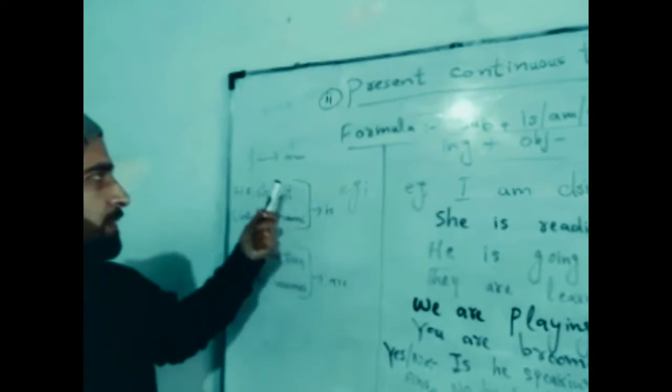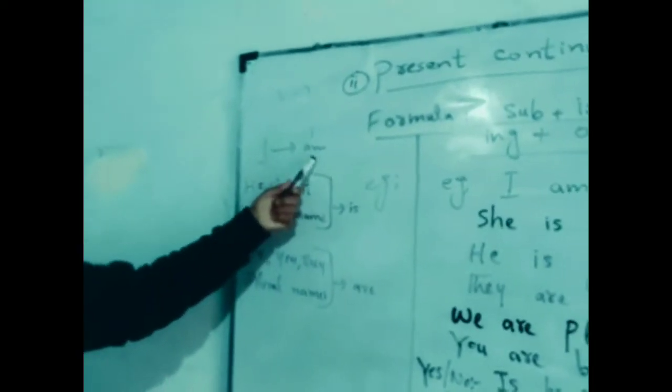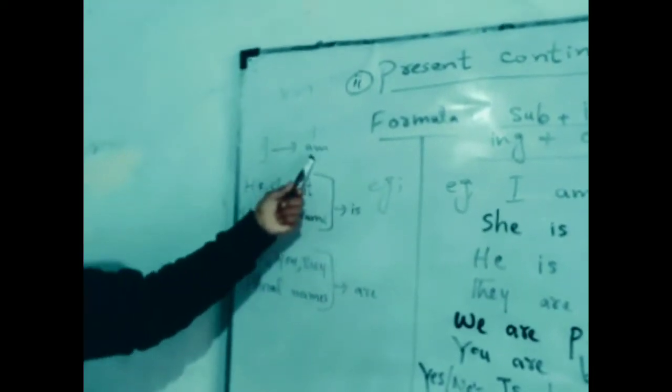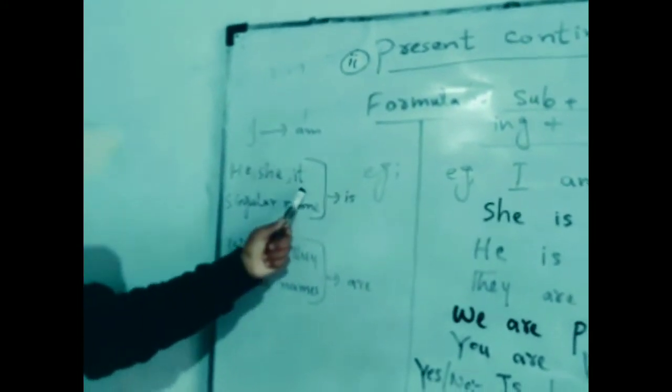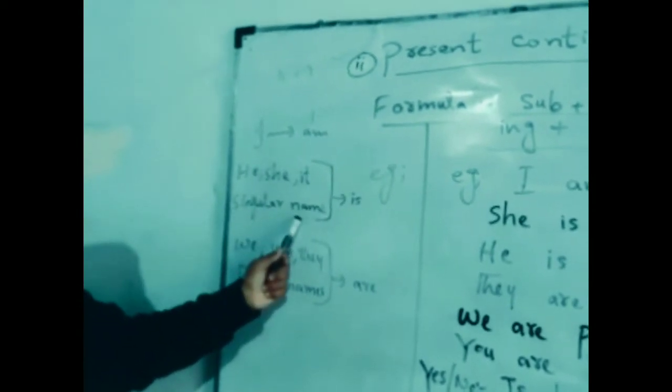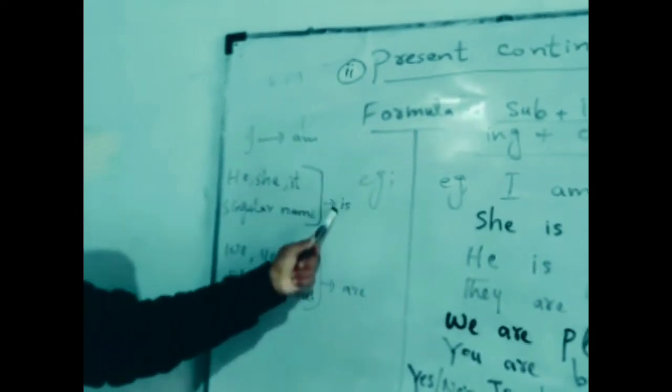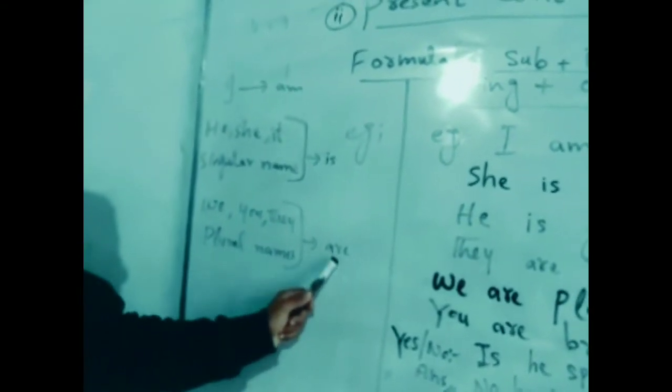Remember that we use am only with I. With he, she, it and a singular noun we use the helping verb is. And with we, you, they and plural nouns we use are.